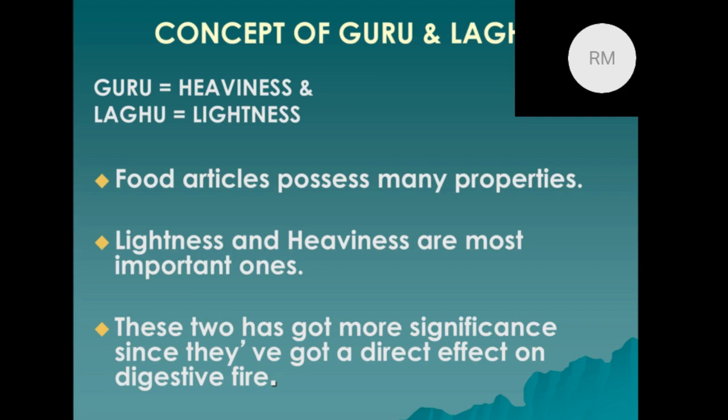So is this point clear? We are dividing foods into guru and lakhu. These are Sanskrit terms. Guru means heavy and lakhu means light. If you look at modern concepts, they mean two things. Guru means foods which have low glycemic index, and lakhu means foods which have high glycemic index.